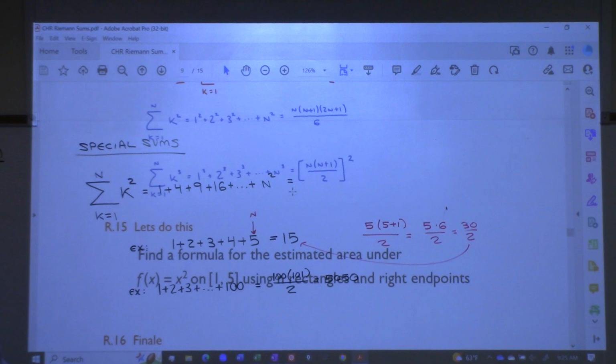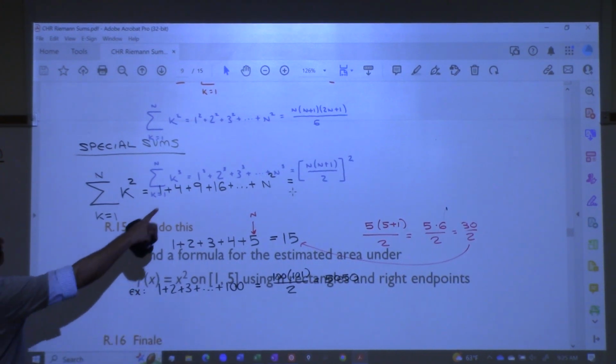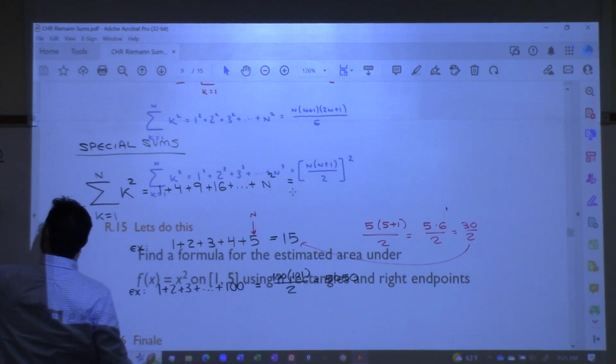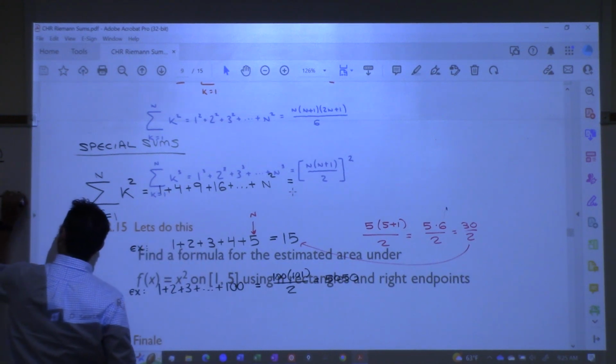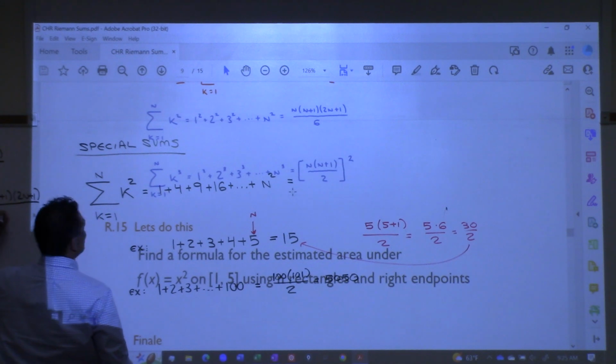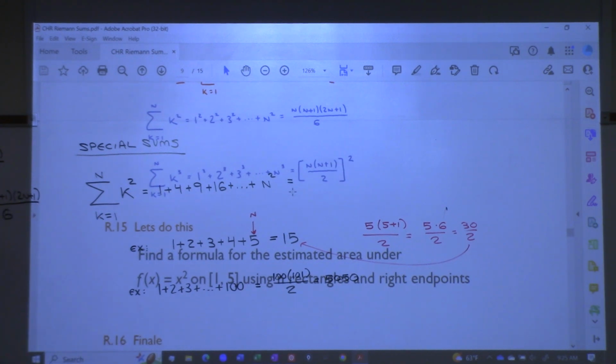If I do the sum k equals 1 to n of k squared, that's 1 plus 4 plus 9 plus dot, dot, dot till I get to n squared. That's that formula right there. It's strange. n times n plus 1 times 2n plus 1 all over 6. That's strange, but that's the formula for it.